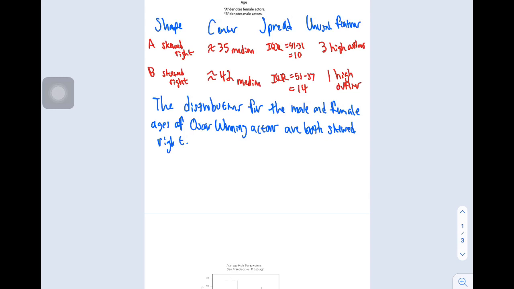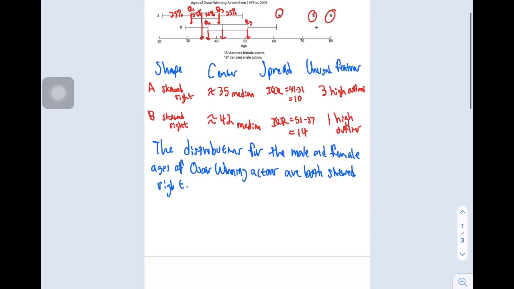The center. So I recognize that my center for the females is lower than the center for the males. It is not okay to just say the center for the females is 35. The center for the males is 42. That is not comparing. In order to actually compare these, you need to mention words like higher than, lower than, or equal to.